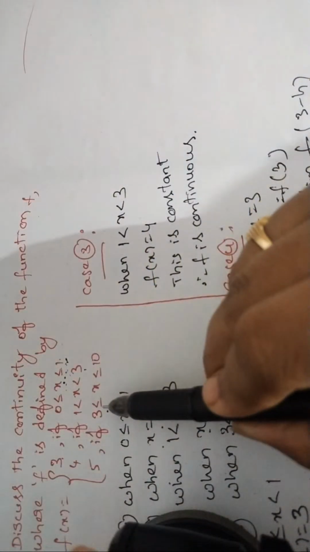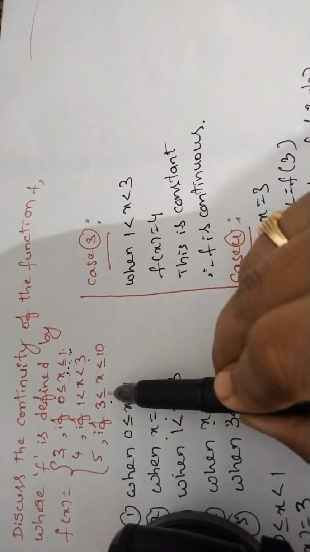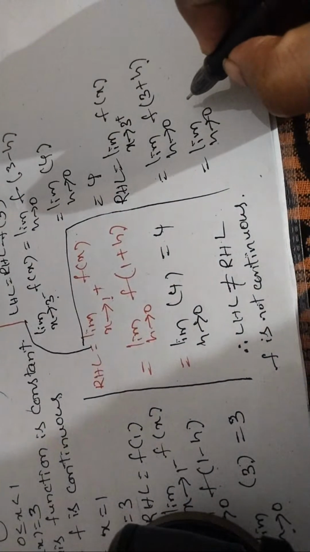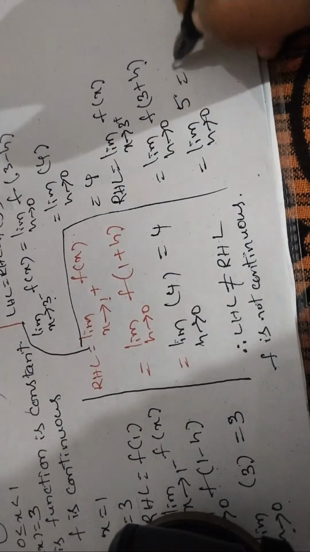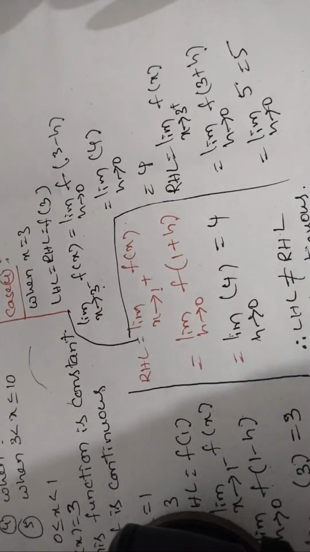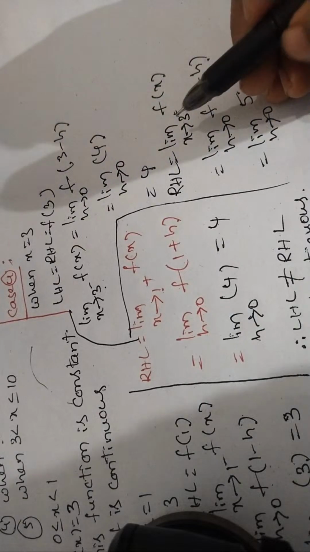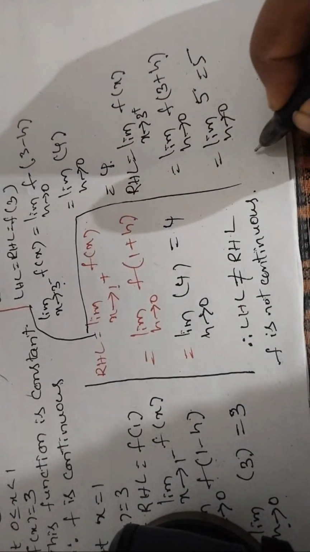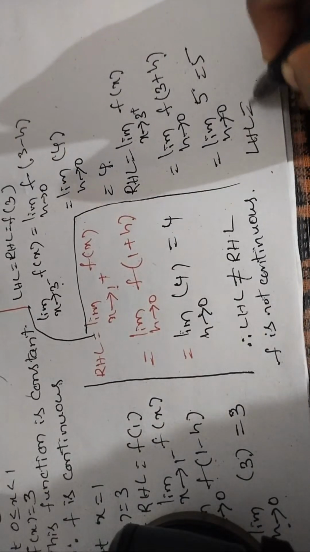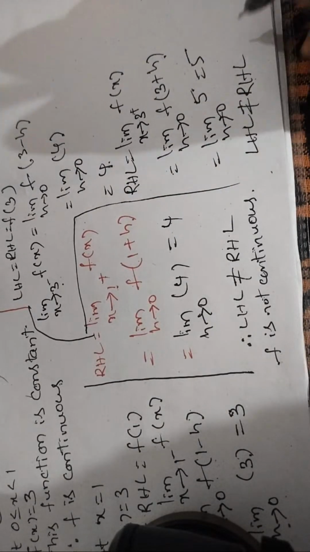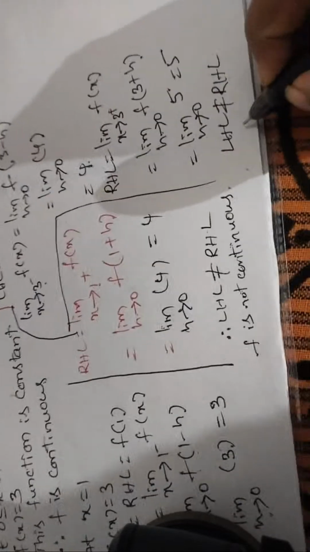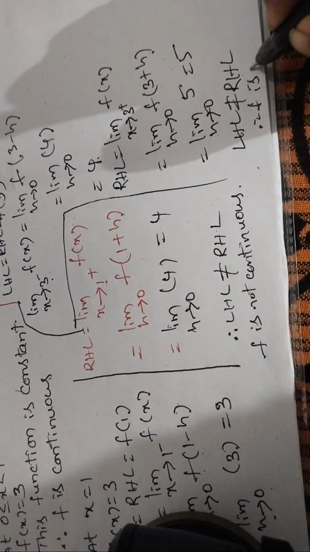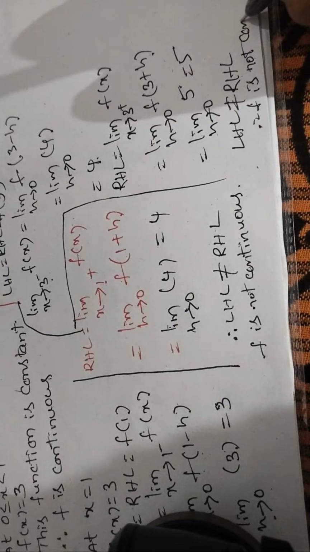When it is greater than 3, the function is 5. So I will write here the function 5. If you observe, LHL is 4, RHL is 5, therefore LHL is not equal to RHL. F is not continuous at this case.